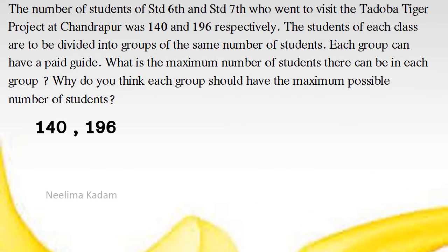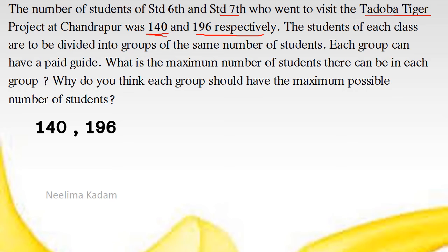More sums. Serious students, what is the sum? The number of students of standard 6 and standard 7 who went to visit the Tadoba Tiger project at Chandrapur was 140 and 196 respectively. So 140 students of standard 6 went for the visit to Tadoba Tiger project and 196 students of standard 7.